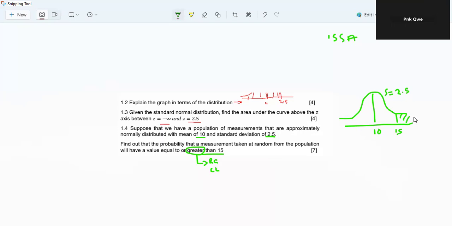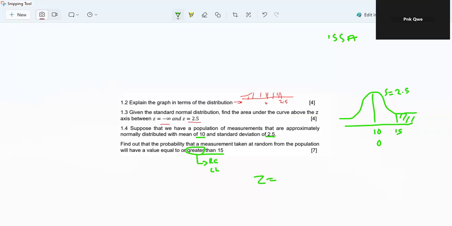But before we shade this area, we need to do what? We have illustrated, we have shaded. What are we doing now? Standardizing. What is the standard figure for 10? 0. What is the standard figure for 15? We compute. How do we standardize 15?